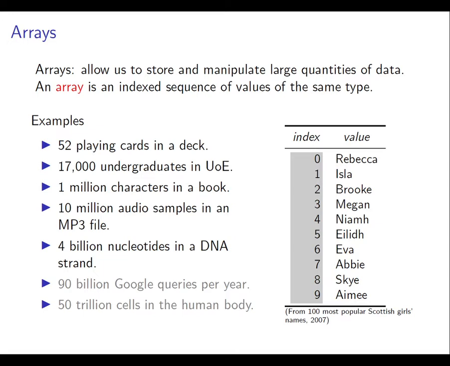The kinds of situations we might want to model with arrays include 52 playing cards in a deck. You could think about using an array to capture the 17,000 undergraduates in the University of Edinburgh. It's actually unlikely that you would want to do that in an array, but you could. Of course, collections get arbitrarily large, and there are pros and cons to different ways of handling them in Java.